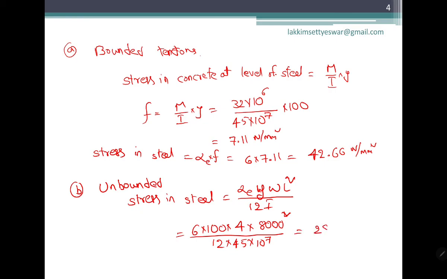This value comes around 28.4 Newton per mm square. So the increase in steel stress is 42.66 Newton per mm square in the case of bonded, and 28.4 Newton per mm square in the case of unbonded. These are the final values. Thank you for listening.